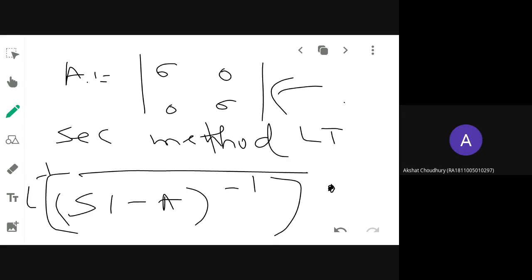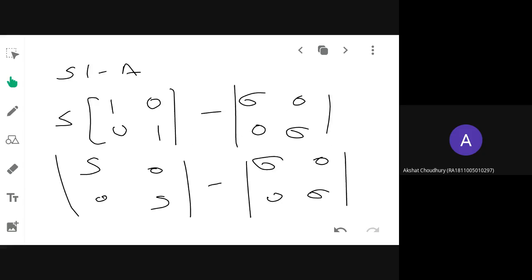Formula is there in the slide, no? You have to take the inverse Laplace transform of (sI minus A) inverse. This is the formula that you will be using by Laplace transform technique to find out the state transition matrix. So that we are going to do now.